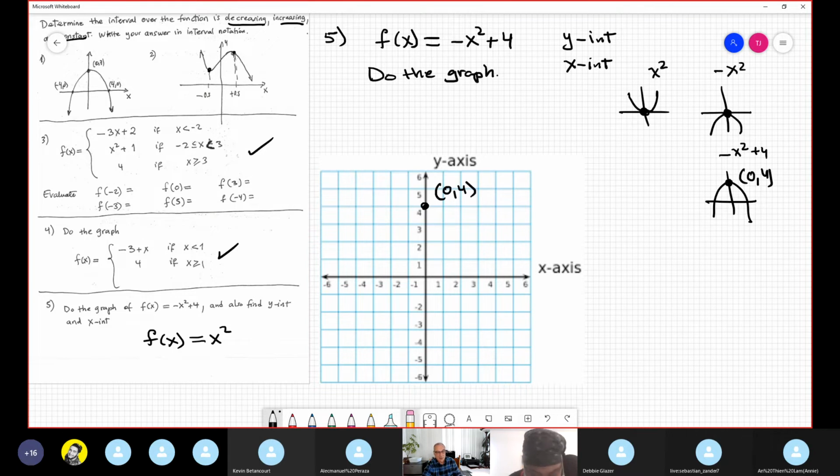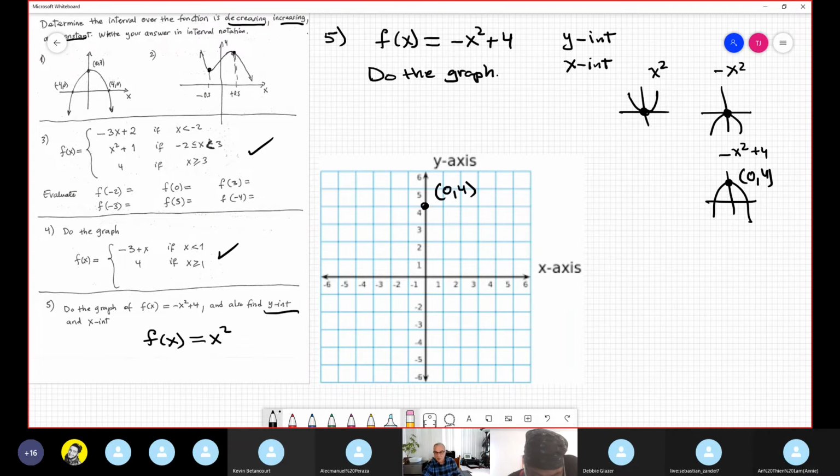I have not started the graph yet. I use transformations, but I have in my hand at least the y-intercept. And this is a parabola that opens down, like that.